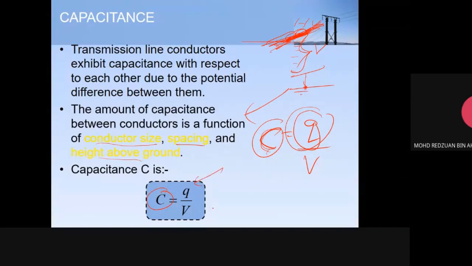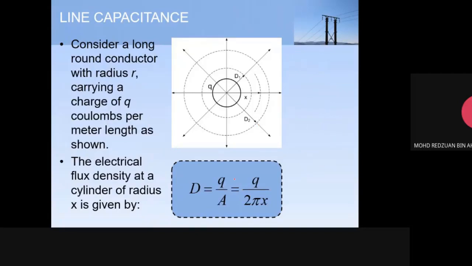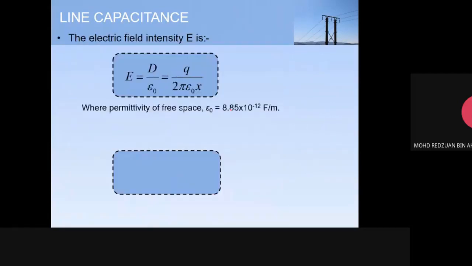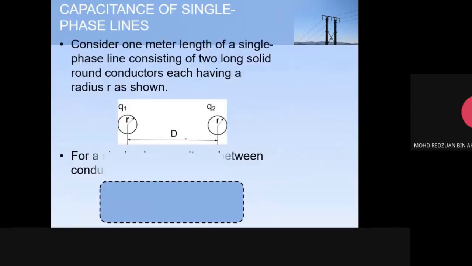We have to know this charge, how much charge is carried by these cables, and what is the voltage difference between these two points. So we have to know this V between two points. To get the V between two points, we have to differentiate this equation and so on. I just skip this one, because Sir Omar already created the video for this, so you just see that one.